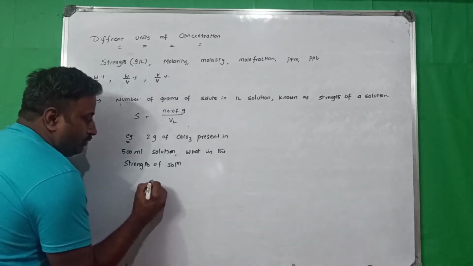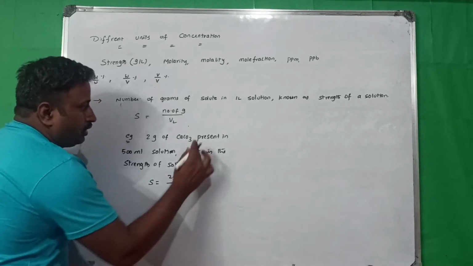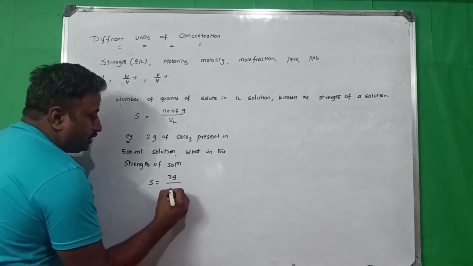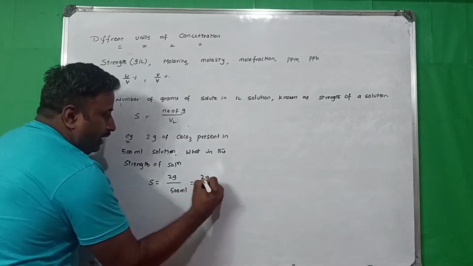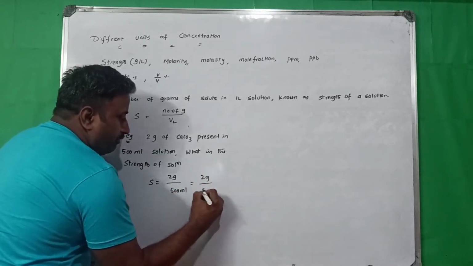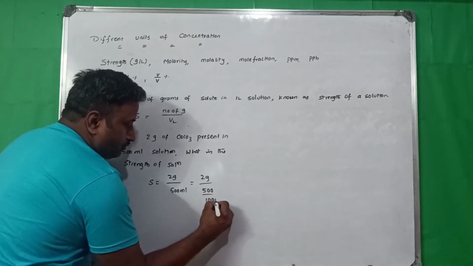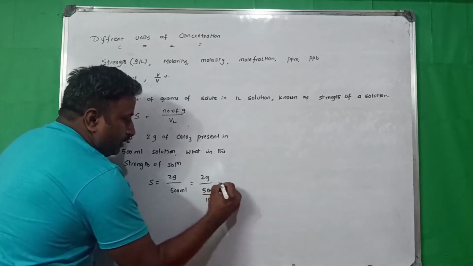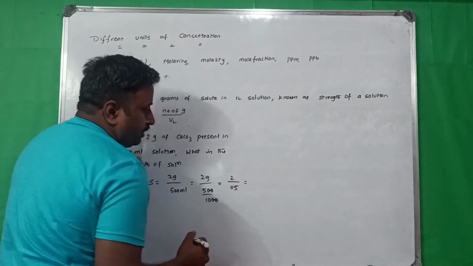Strength is equal to number of grams, 2, upon volume of solution, which is 500 ml. You have to convert volume into liters, so 2 grams upon 500 upon 1000. Then it is 2 upon 0.5.